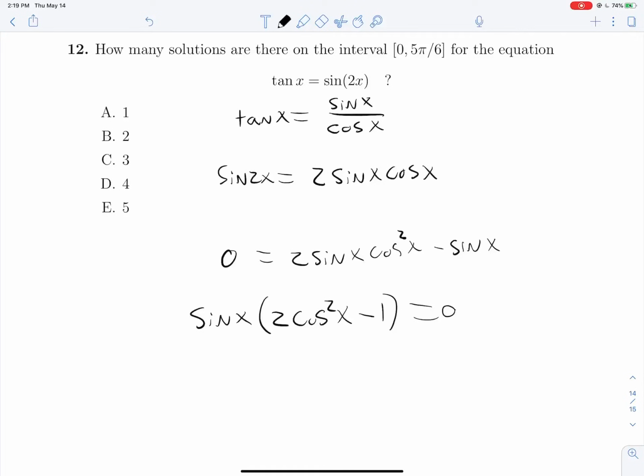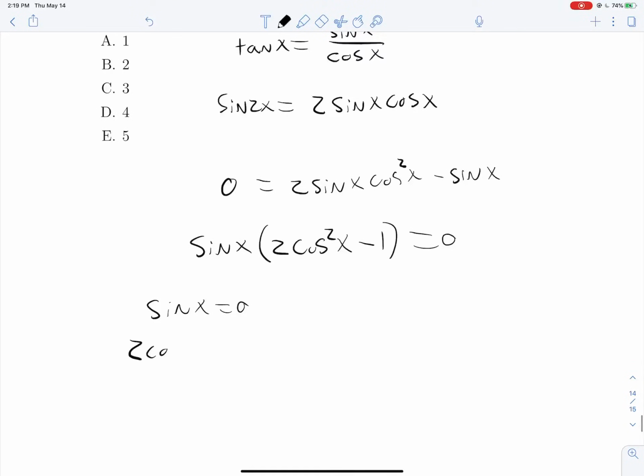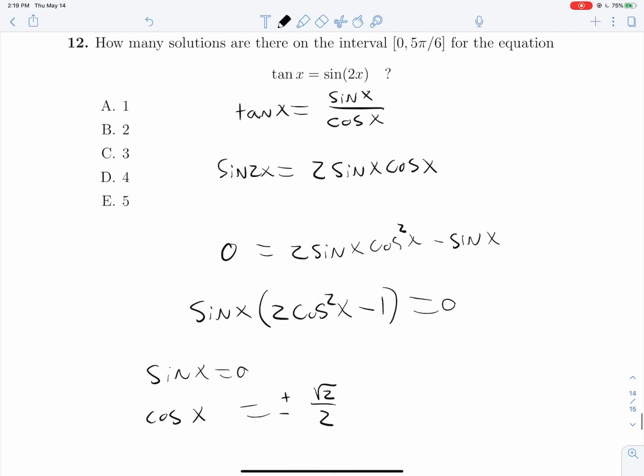So this will be true whenever sine x is equal to 0 or 2 cosine squared x minus 1 is equal to 0. Let's rewrite this as cosine squared of x is equal to 1/2, and take the square root of both sides. We end up with plus or minus the square root of 1 over 2. That's 1 over the square root of 2, which you can rewrite as root 2 over 2.